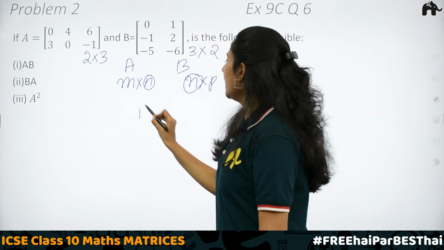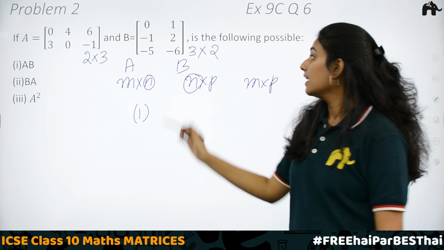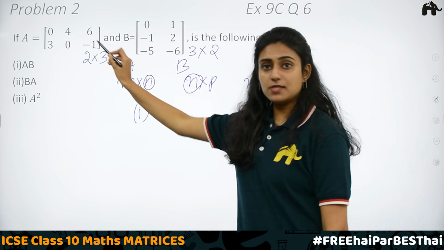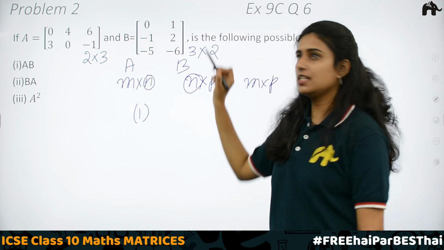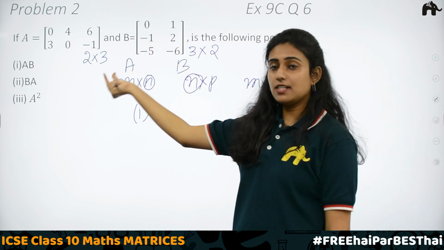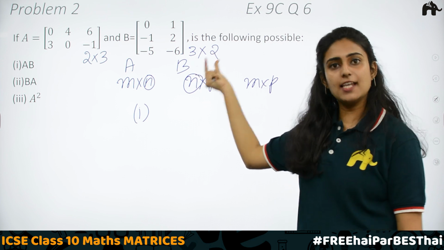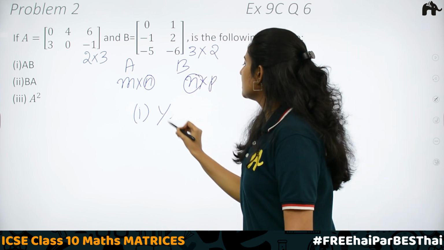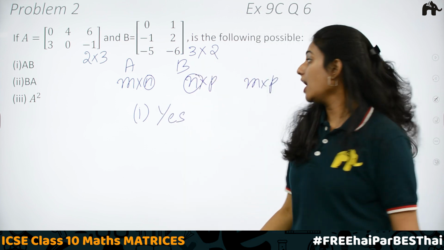To check if AB is possible, we have 3 columns here and 3 rows here, which means AB is possible, right? Number of columns in the first matrix is equal to the number of rows in the second matrix. Therefore, first question, yes.